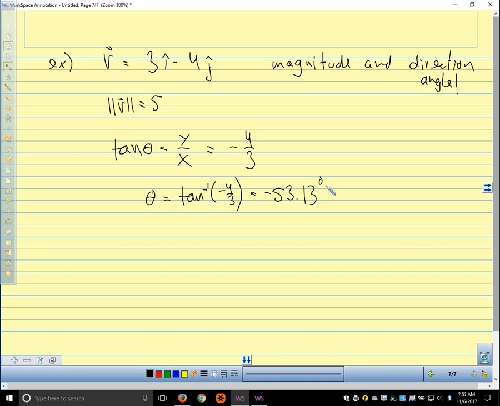But how do we get this in standard position? We want our angle as a clockwise or counterclockwise angle from the positive x-axis. This is a clockwise angle from the positive x-axis. So in standard position, minus 53.13 to be in standard position, and whatever that comes out to be.